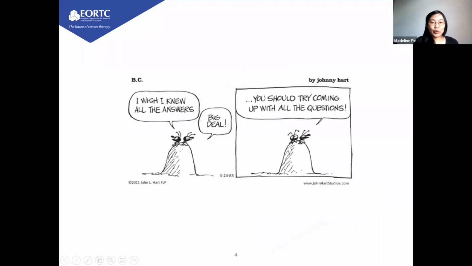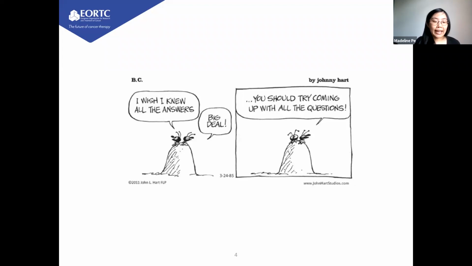So this is a nice cartoon strip that I usually like to use for my presentations when I talk about patient-reported outcomes. Because what I like about this is that it drives home the point that asking good and relevant questions is actually more difficult than finding answers for them. And so this is the case as well for developing questionnaires. Asking good questions to get the answers that will be useful is a much more difficult task sometimes than generating those responses.